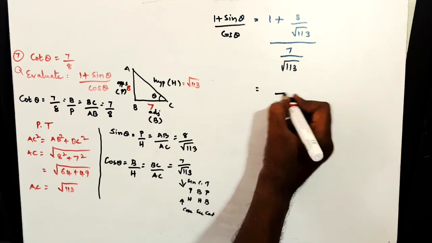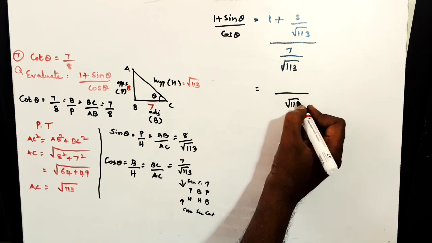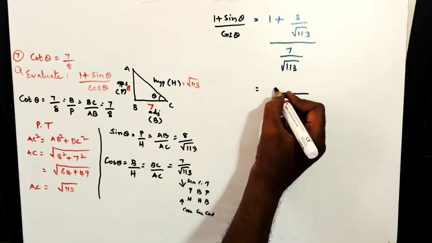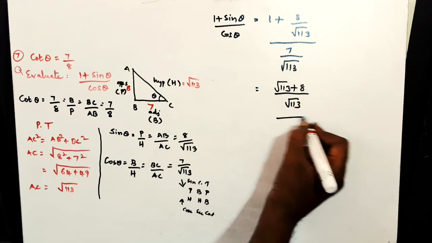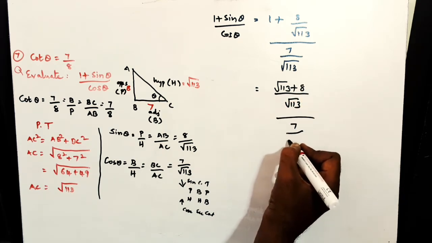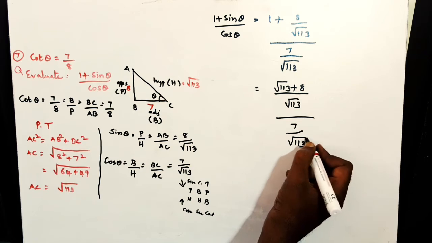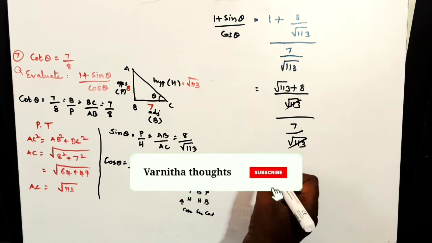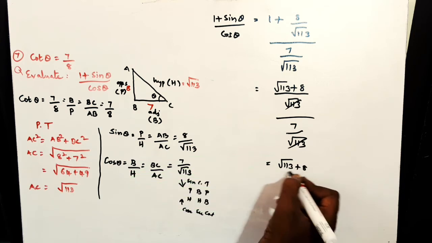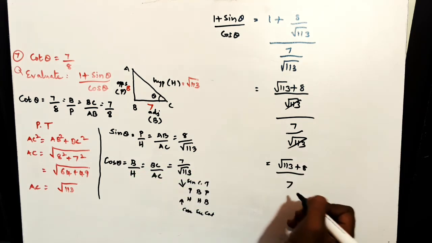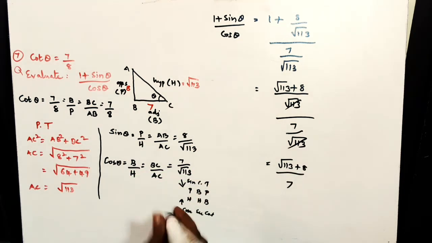So in the numerator LCM is root 113, so root 113 plus 8 by 7 by root 113. This one cancels. So here root 113 plus 8 by 7. So this is the solution for 1 plus sin theta by cos theta.